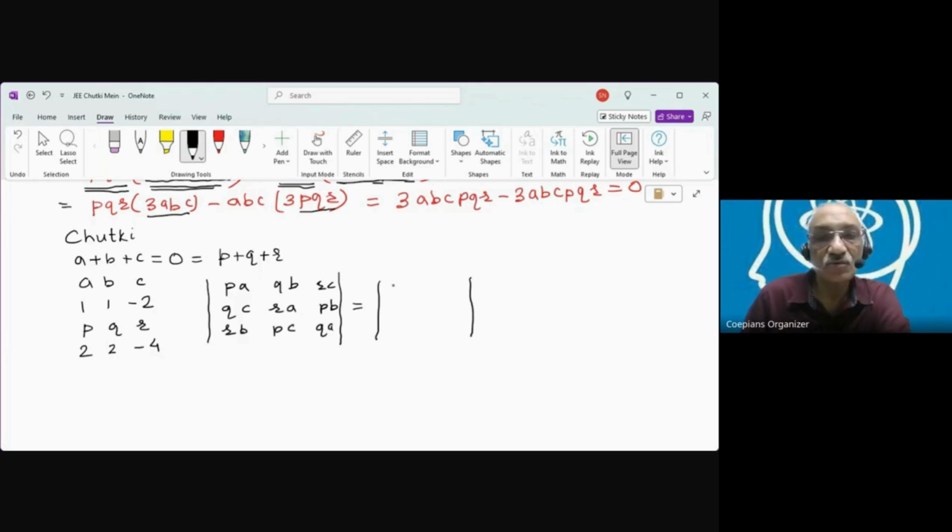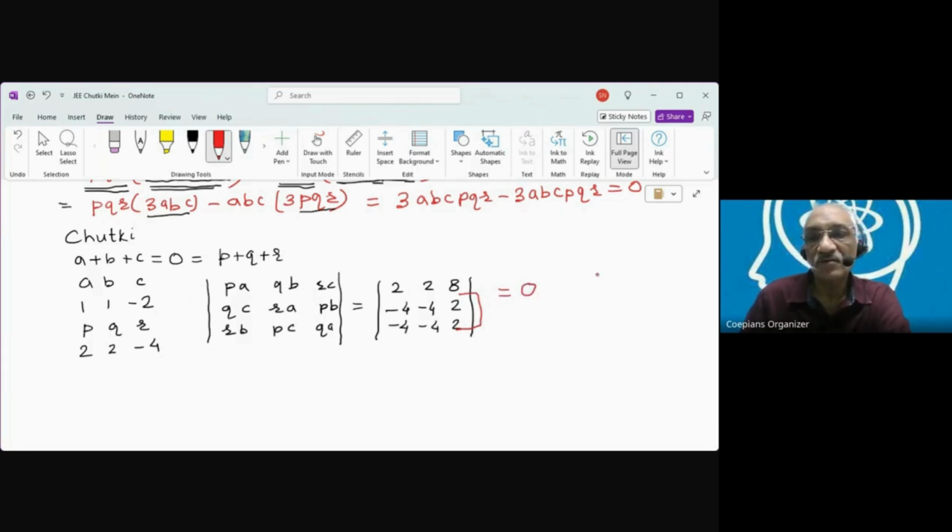It becomes 2, 2, 8, minus 4, minus 4, 2, and minus 4, minus 4, 2. Obviously, since row 2 and row 3 are equal, this becomes 0.